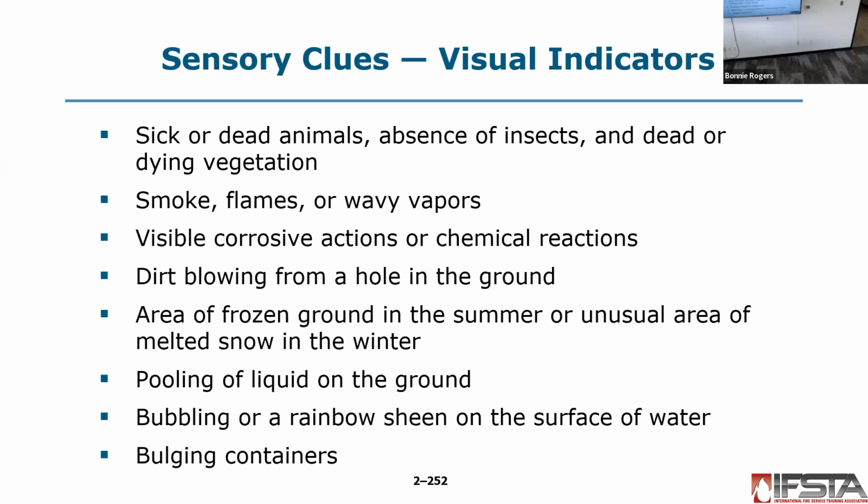Dirt blowing from a hole in the ground, what do you think? Pipeline. What if it's summer and you see frozen ground? Pulling up liquid. You've seen the bubbling or rainbow sheen on the surface of water. How about a container that's not shaped the way it's supposed to be?